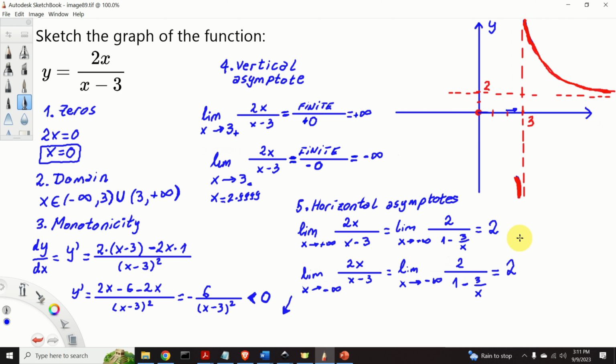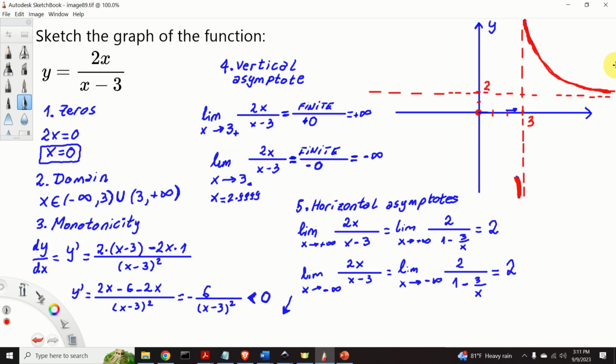We concluded the following. When x goes to minus infinity, our function is actually approaching 2. However, does it approach from the top or from below? That's a very good question. How to conclude? Let's take everything we determined so far. 0 is over here. Perfect. That's a very important observation.